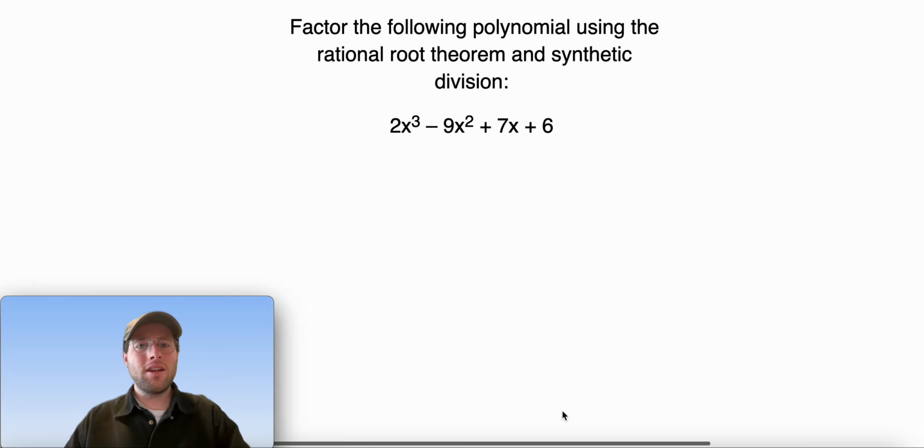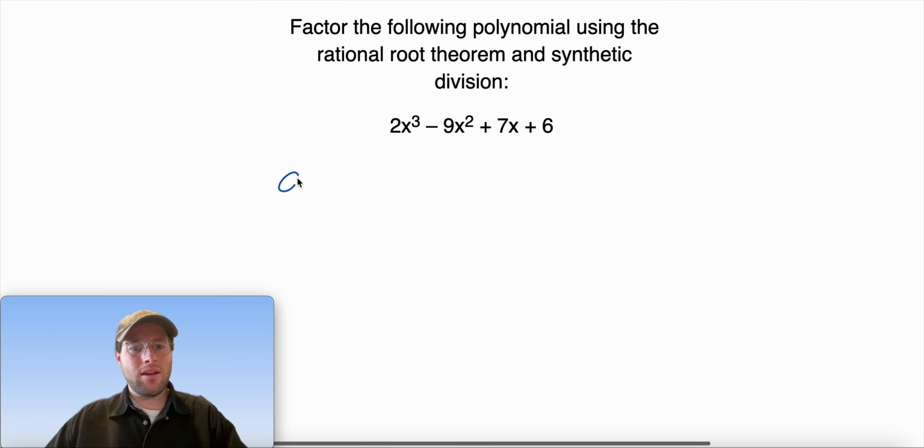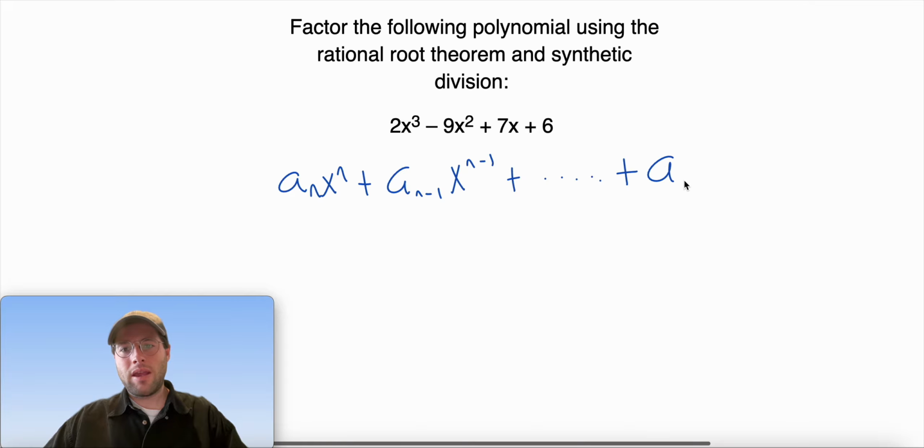To get started, I want to briefly go over the rational root theorem. To do that, let's write out the general form of any polynomial: a_n x to the n plus a_(n-1) x to the n minus 1 plus ... plus a_1 x plus a_0.